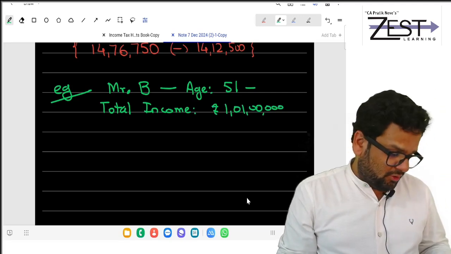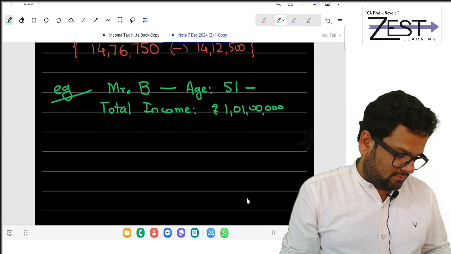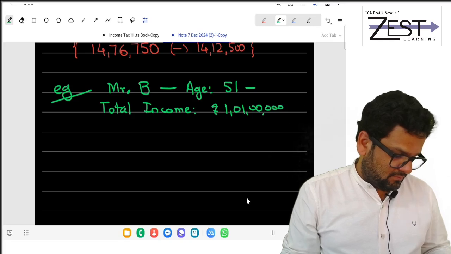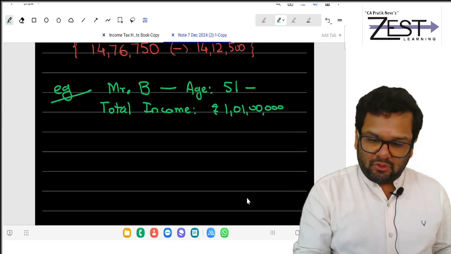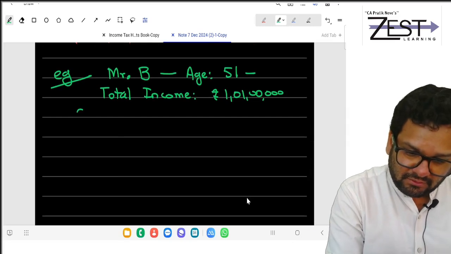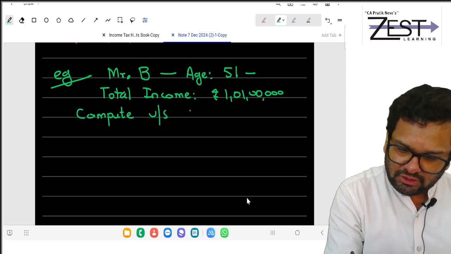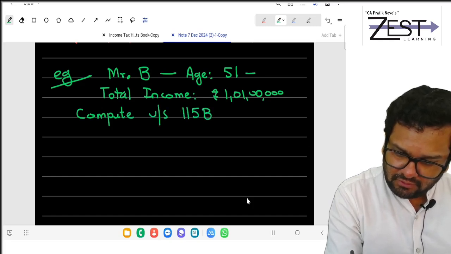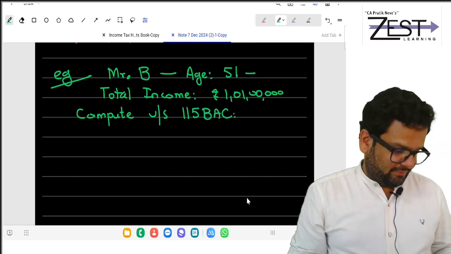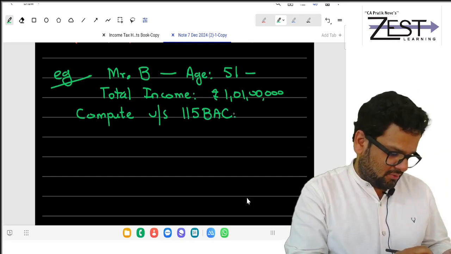Total income 1 crore 1 lakh. Okay. And you should ask me, compute under section 115BAC. So anyways, age will not matter.